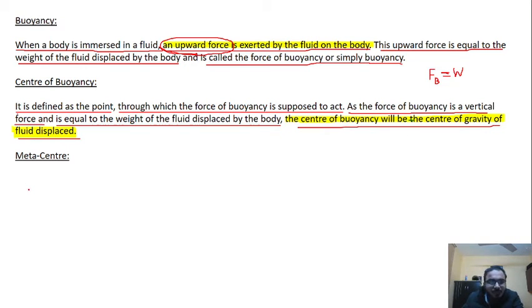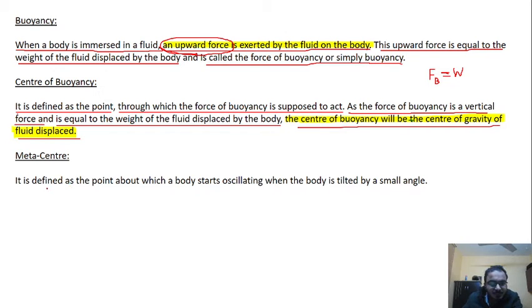Now the next theory is the metacenter. The metacenter is the point about which a body starts oscillating when the body is tilted by a small angle.